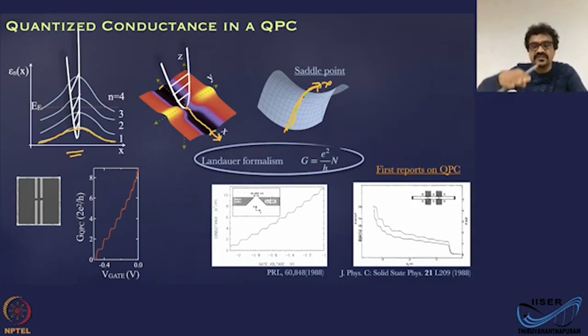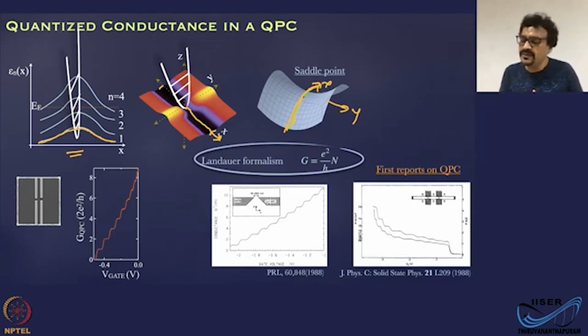Then suddenly this will split into the one-dimensional subbands whose energy is given in the previous slide. So you have a parabolic confinement as shown at the constriction. Not only that, you also have a saddle shape potential, and this is along the y direction.